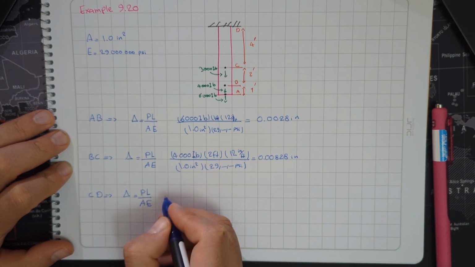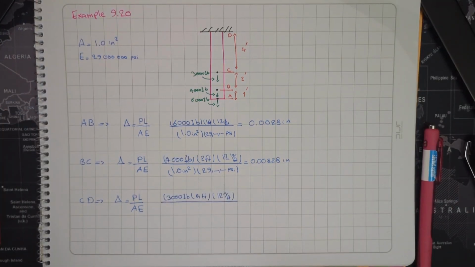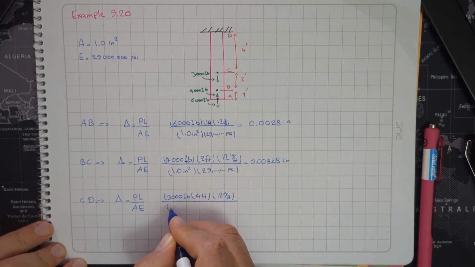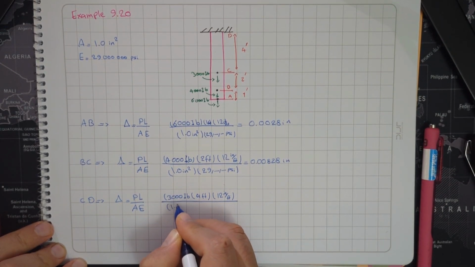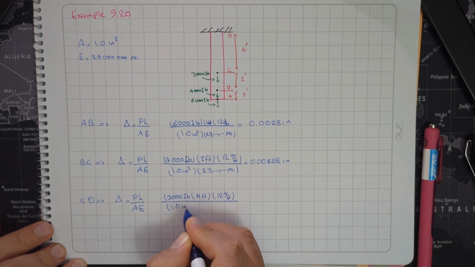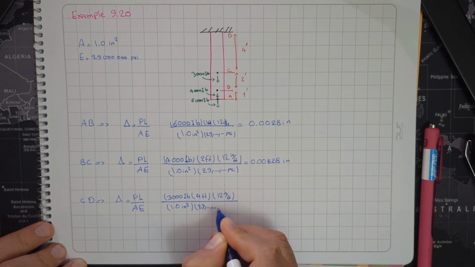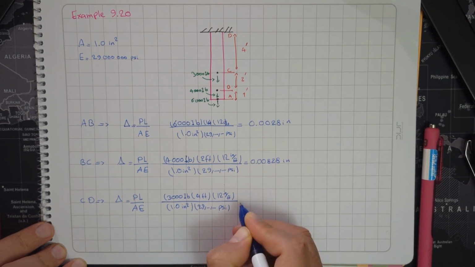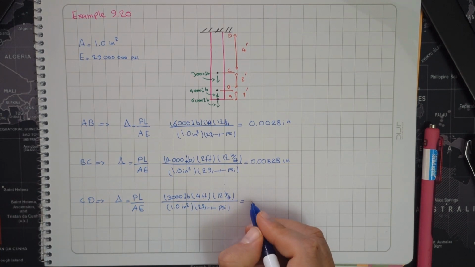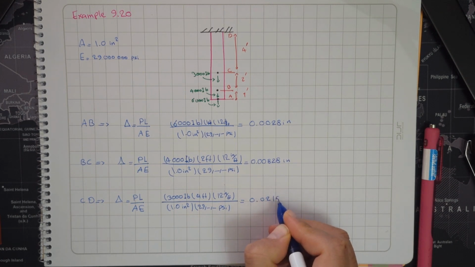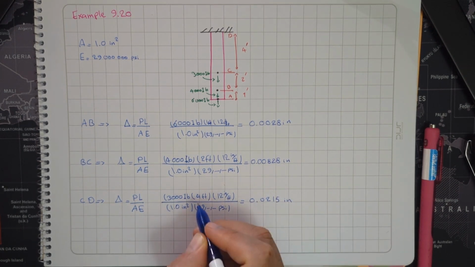So it's going to be over 1.0 square inch times 29 million psi equals 0.0215 inches, right?